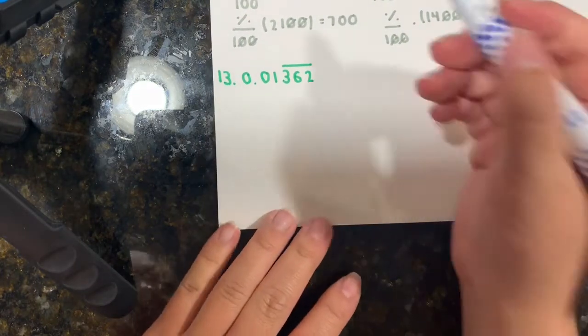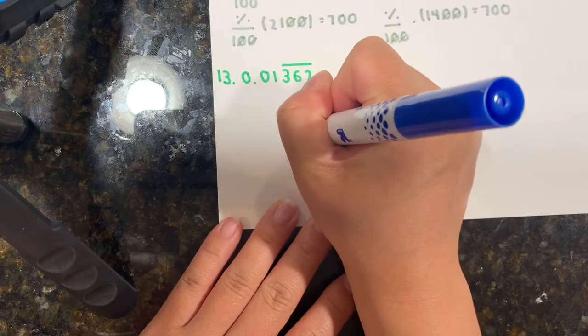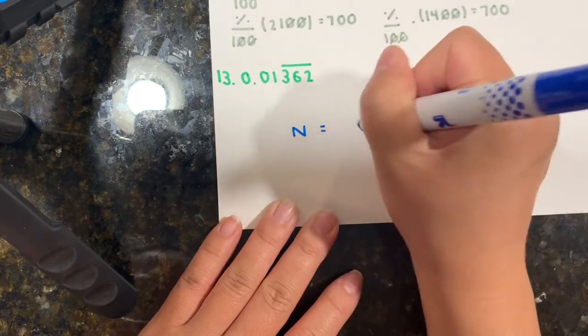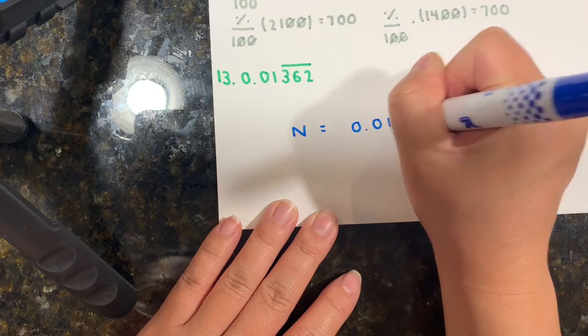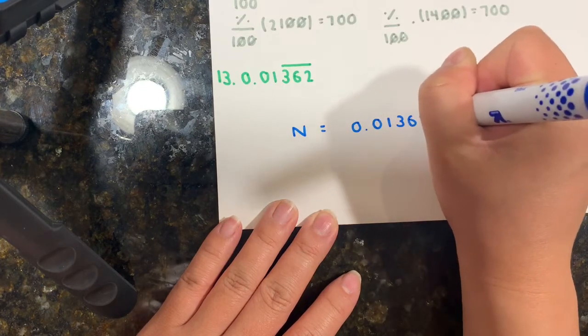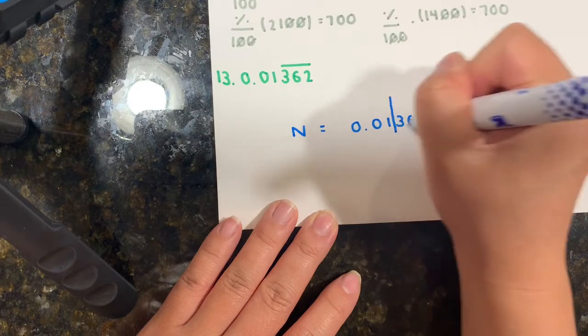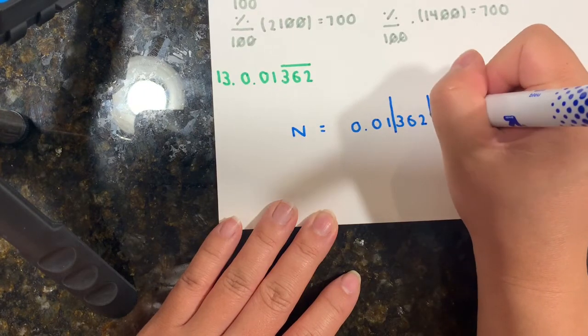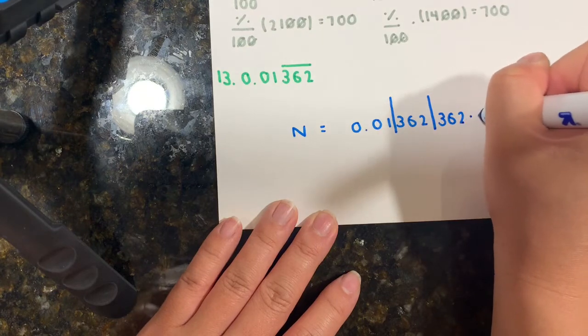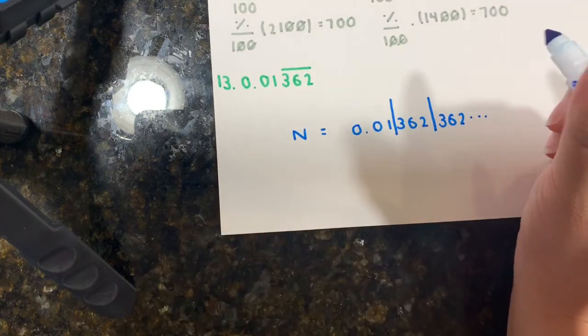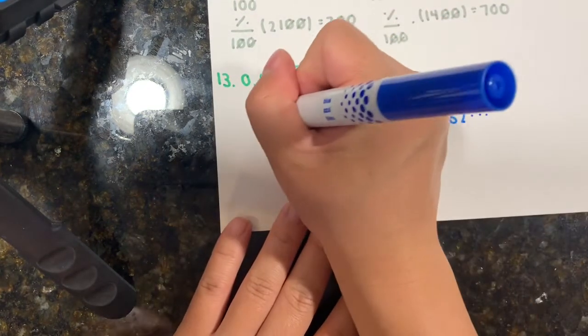So I'm going to start by setting n equal to 0.01362362. Now, because there are 3 repeating decimals, I have to multiply this by 1,000.